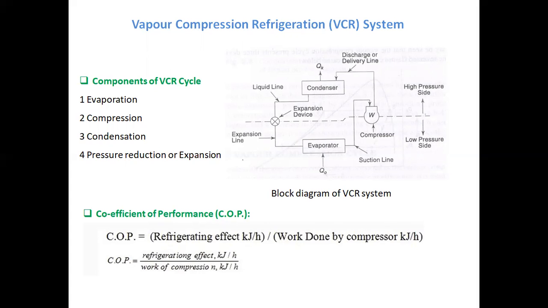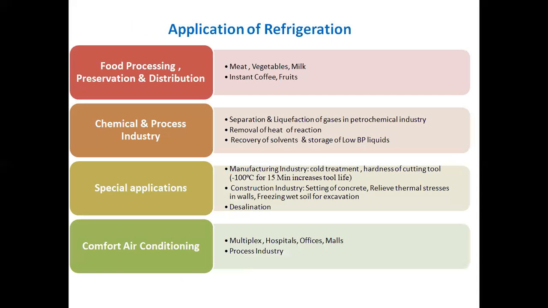So what is the output from this vapor compression refrigeration cycle? The desired output is your refrigerating effect. And what is input? Input is given in the form of electricity to the compressor, right? So this is the COP, and COP here is given as refrigerating effect upon work input to the compressor.